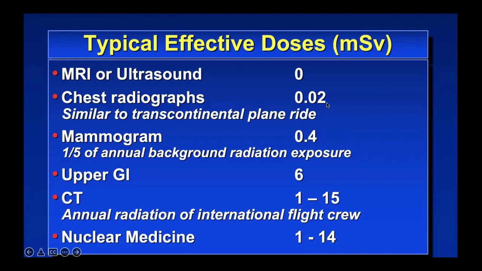So going from New York, let's say, to Seattle, where I live, you get similar radiation exposure to a chest radiograph. An international flight crew traveling multiple times during the year will get the equivalent of one CT scan when they're working. So this is one way to address these types of issues.